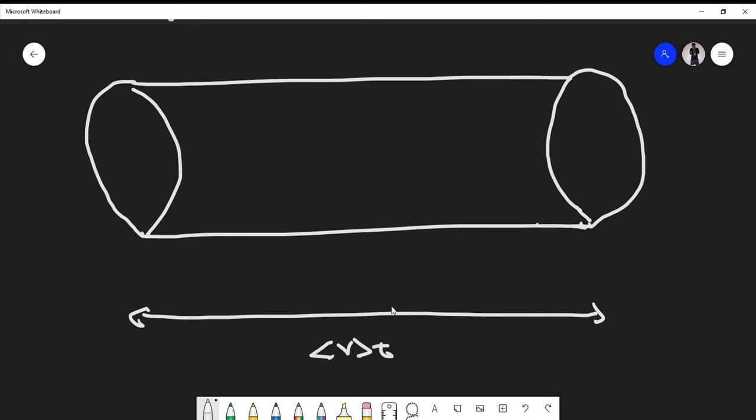So vt is the length. Here's our particle, and we're going to say it's moving in that direction, right? Here's the diameter of the particle, and we also have a center.